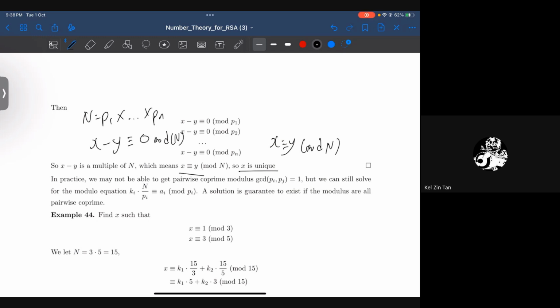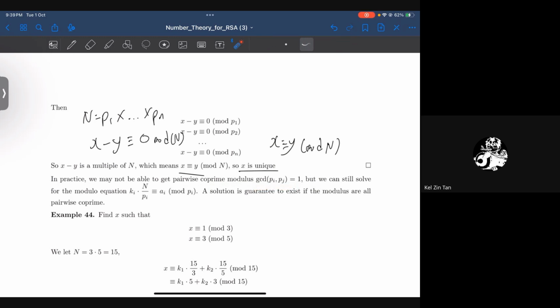Okay, so that is the proof for uniqueness, and also the proof for the Chinese remainder theorem. In general, we might not always get co-prime moduli Pi, Pj. For example, we want to solve an equation, and the equation could be very arbitrary, and this might not be the case.